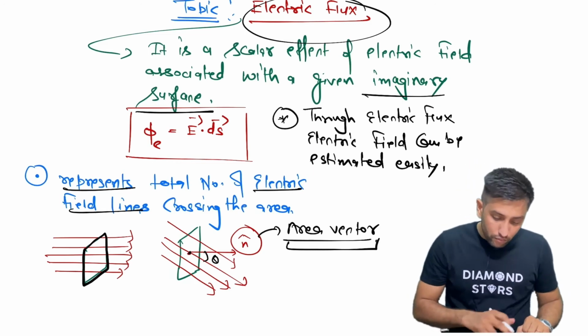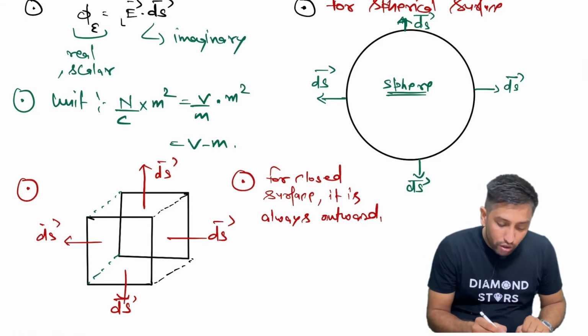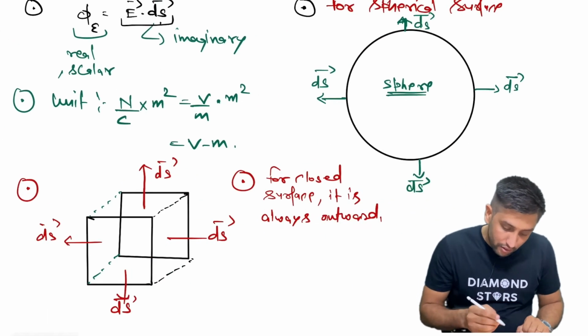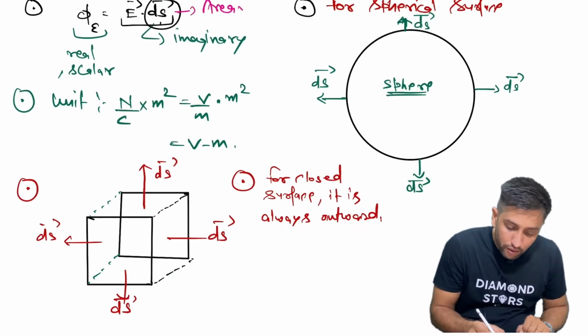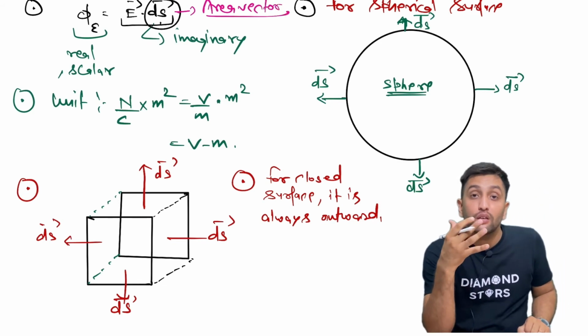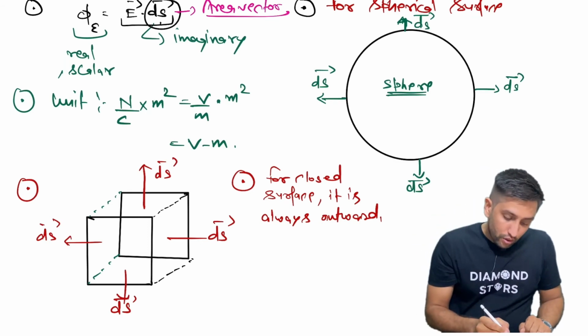Okay, let me switch to the concepts here, that is phi is E dot ds. ds is an area vector, as I have mentioned here. This area vector always has the direction perpendicular to the surface whose area you are considering. So this is a scalar.